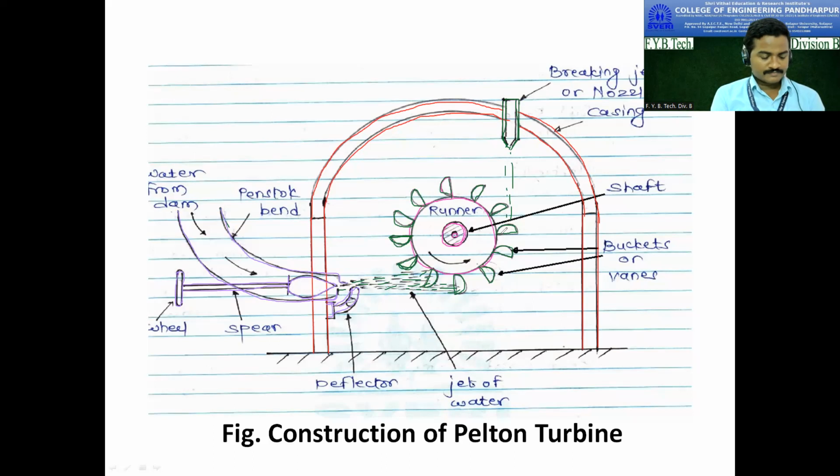The rotating runner rotates the generator and electricity is produced, as it is mounted on the same shaft of the turbine, full stop.